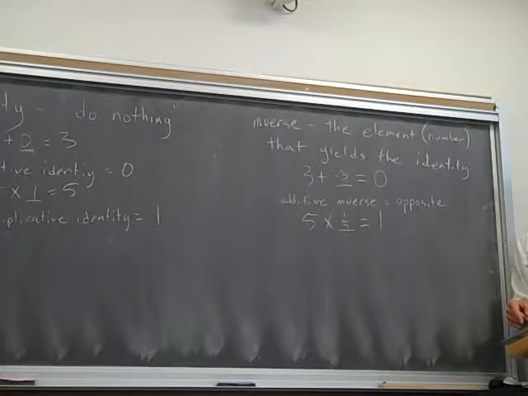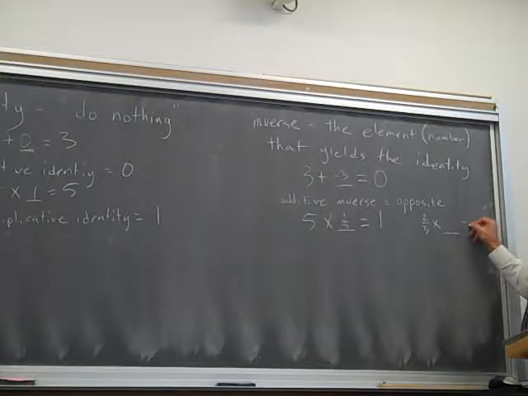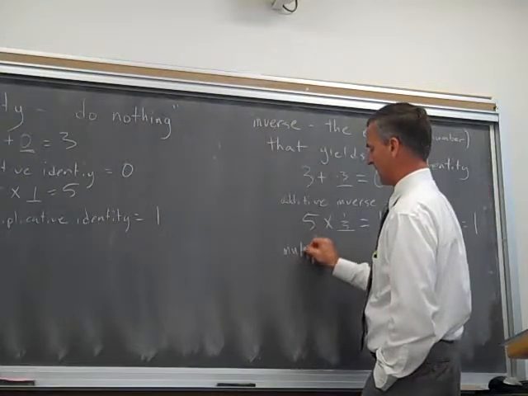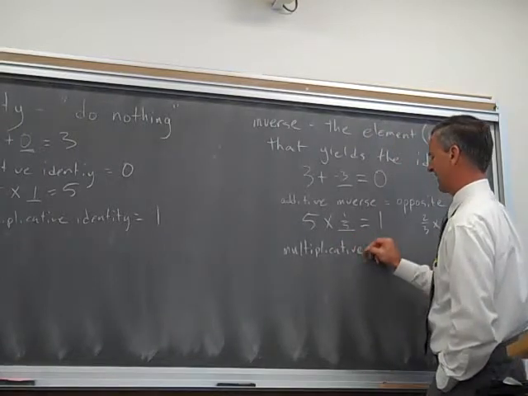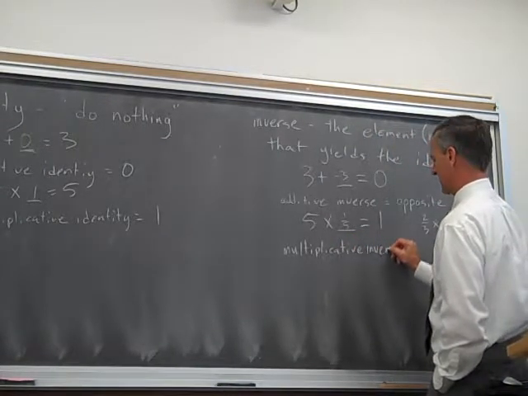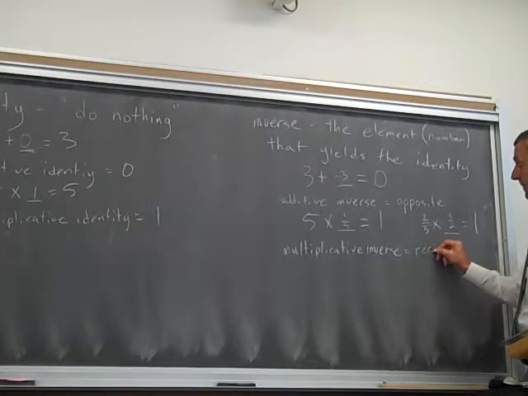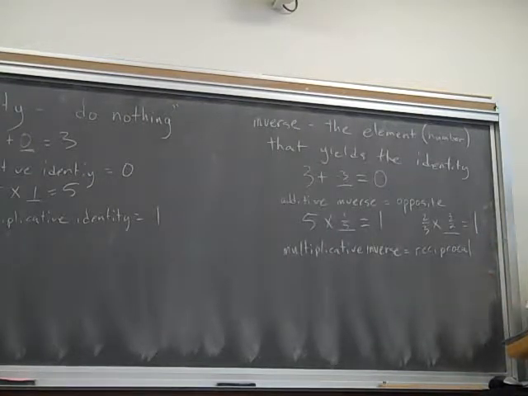What would the multiplicative inverse of 2/3 be? 2/3 times what will yield the identity? 3/2. So the multiplicative inverse is nothing more than what? The reciprocal. Does that make sense?